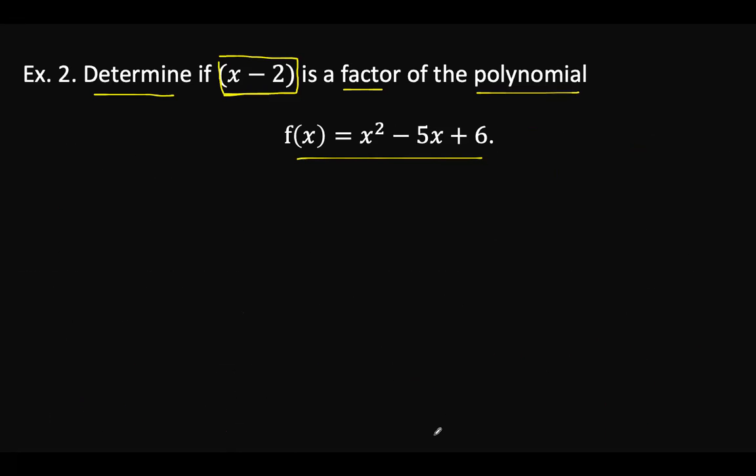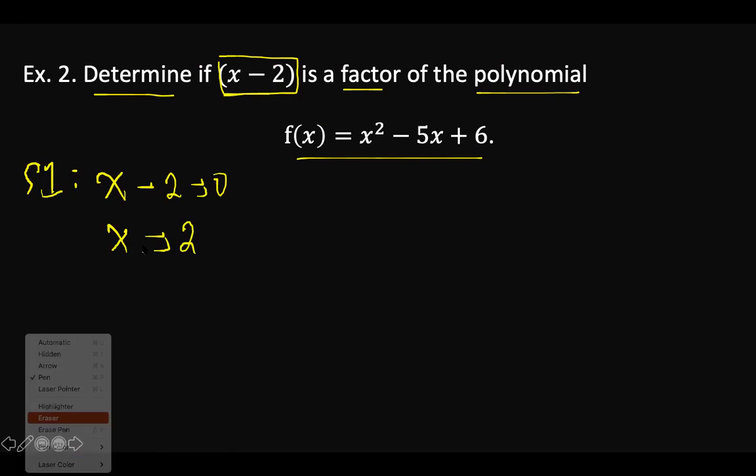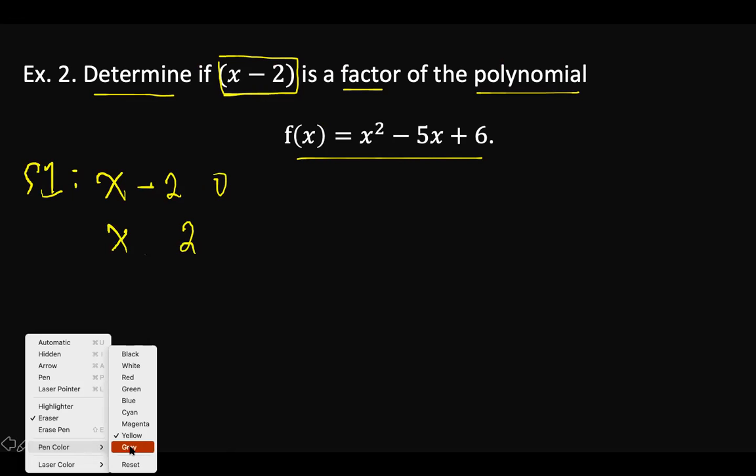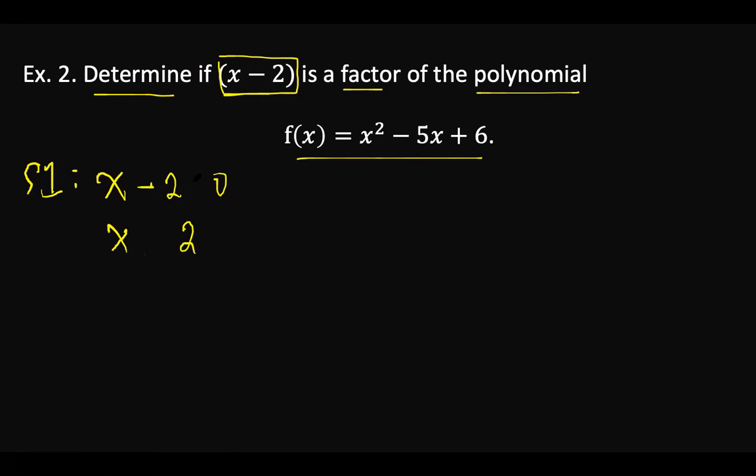Okay, in example number 2. So, gawin natin ay, ang step number 1 dito ay, kumbaga class, ito yung magiging divisor natin. Okay, dito. So, magiging x minus 2 equals 0. Solve for x. So, x is equal to 2.